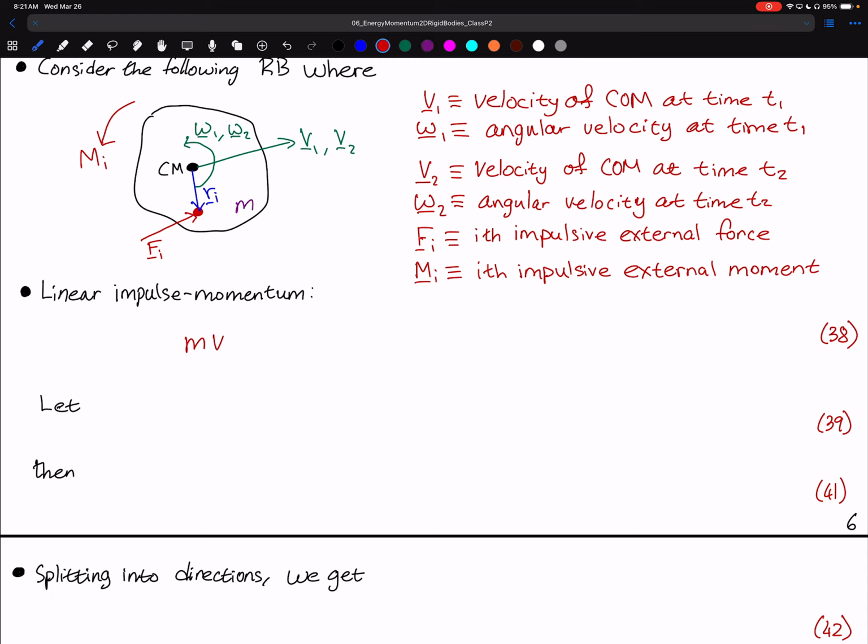It's going to be m times the velocity v1 plus the summation from i equals 1 to capital N of the integral from t1 to t2 of the vector Fi dt, and then that is equal to the momentum m times v2. This integral term here is the impulse of the ith force.